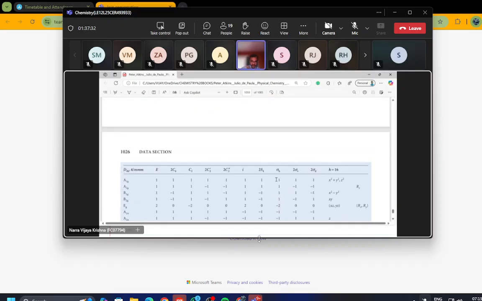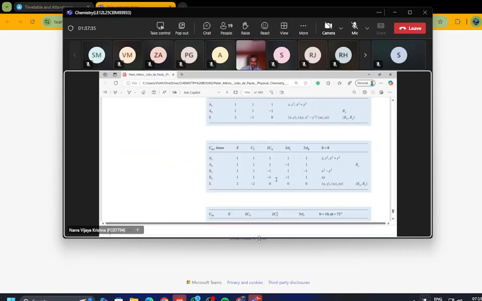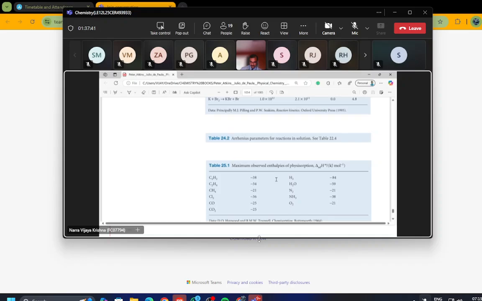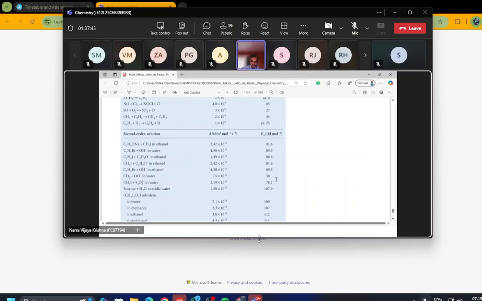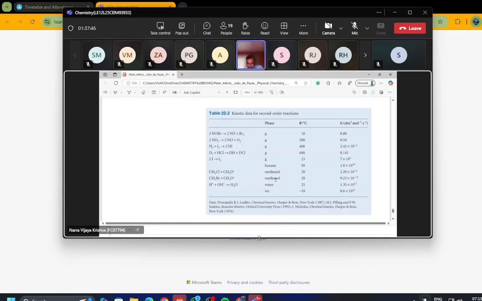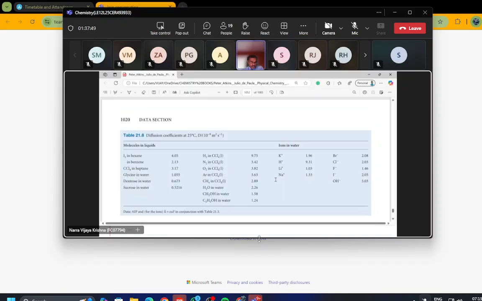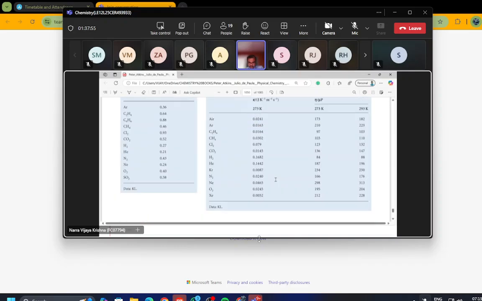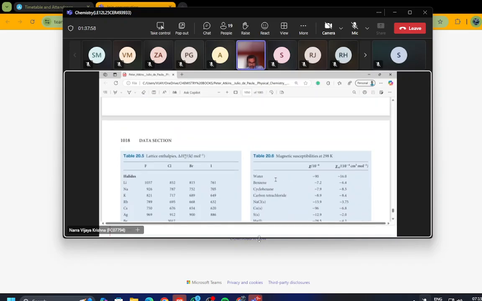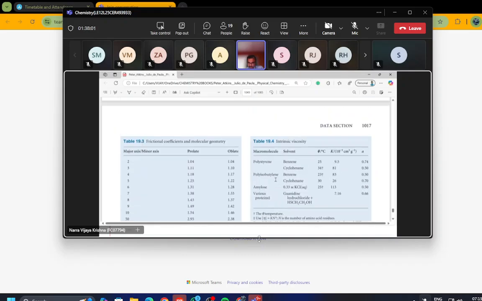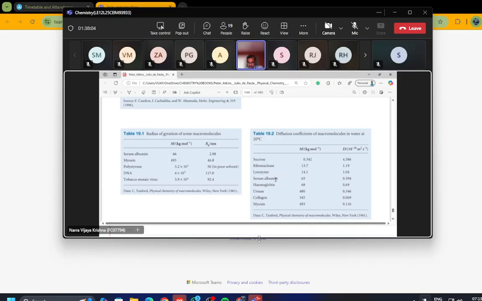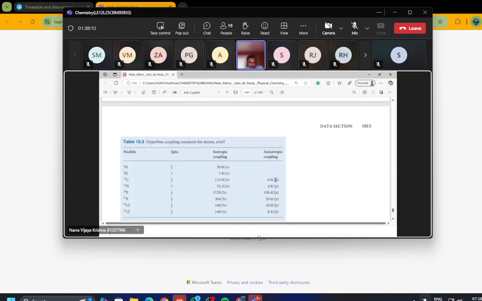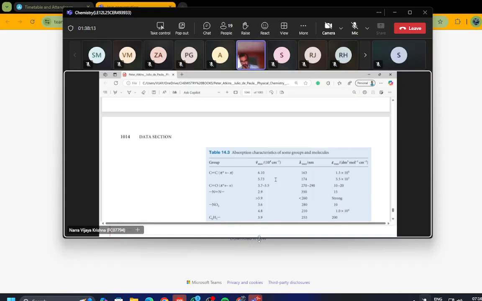Wherever you find negative deviation, immediately tell me. Or positive deviation. Here are the options: Arrhenius parameters, second order kinetics in chemical kinetics, first order, diffusion coefficients, ionic mobility, Debye-Hückel-Onsager equation, ionic conductance, electrochemistry, transport numbers, susceptibilities, lattice energies, ionic radius, radius of gyration, dipole moment and polarity, hyperfine coupling, resonance, absorption.